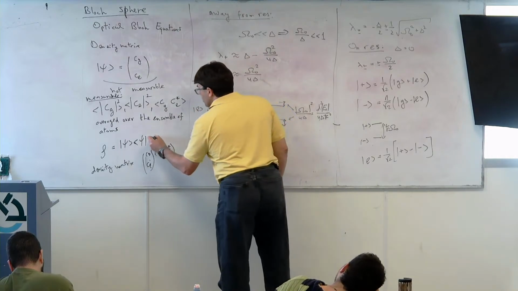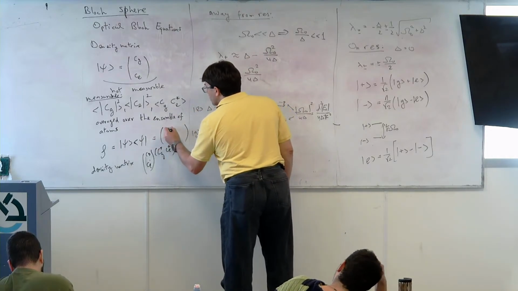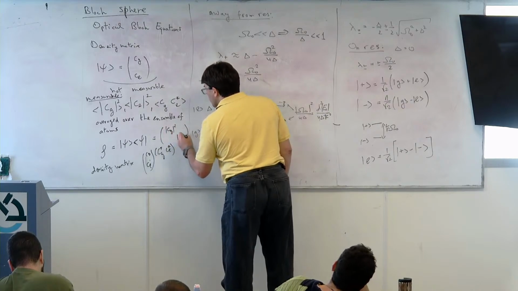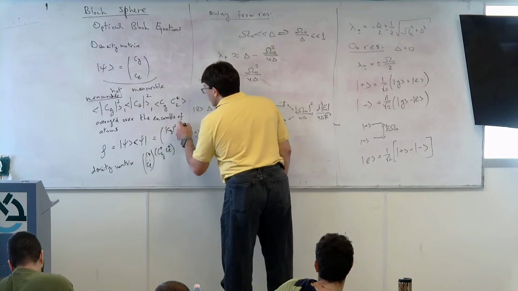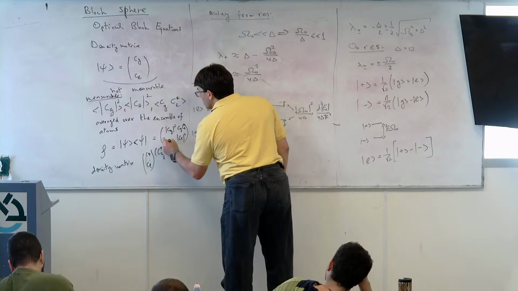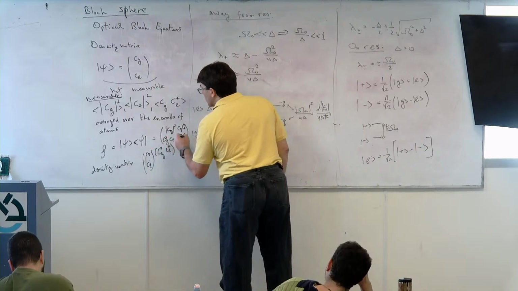And this is the matrix that looks like that: |C_g|^2, |C_e|^2, C_g C_e star, and C_g star C_e.